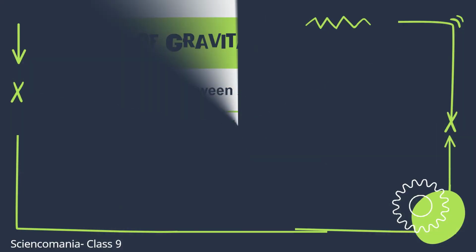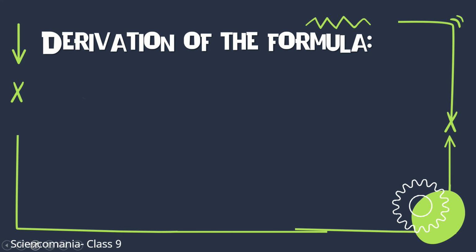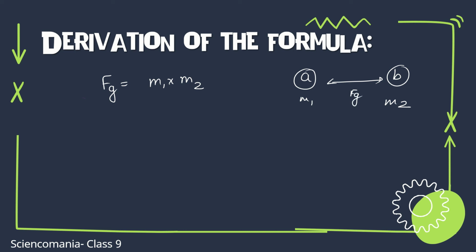Now, let us try to derive the formula. For derivation, we can say that Fg is proportional to m1 into m2, as the mass of object A is m1 and the mass of object B is m2. Now, the distance between them. If the distance between them is r, it will be inversely proportional to r square.